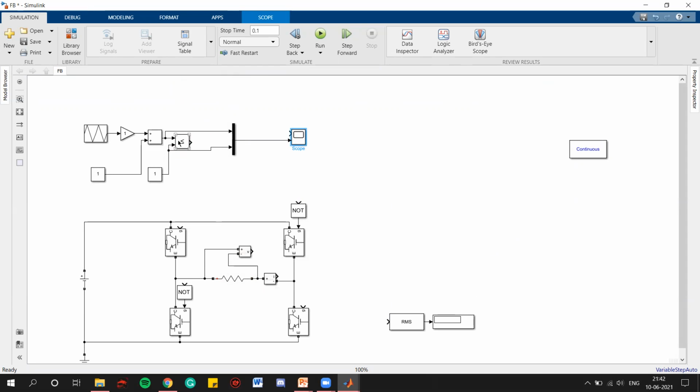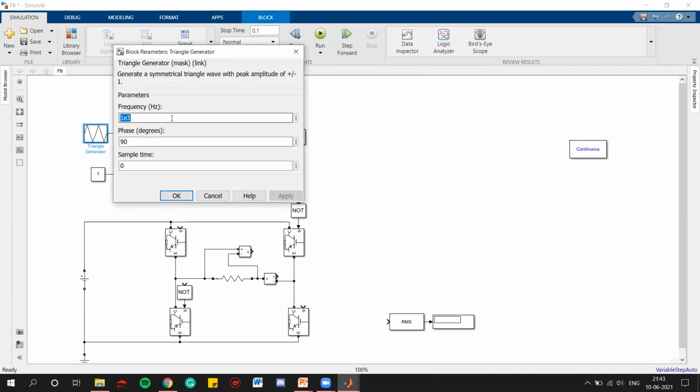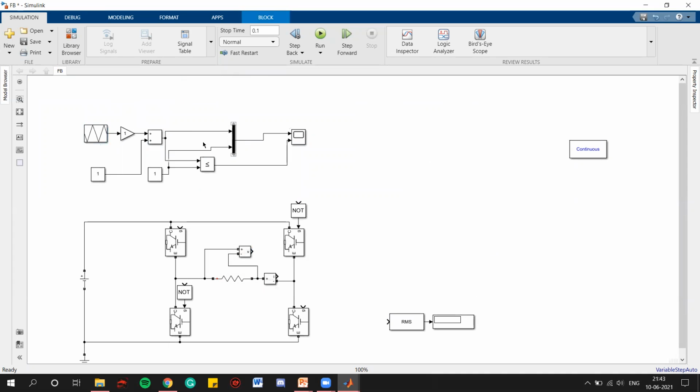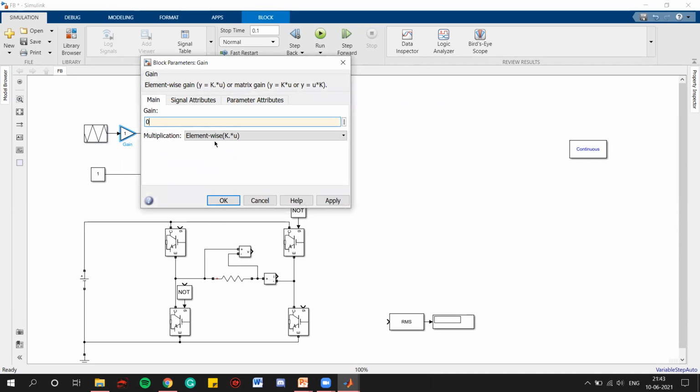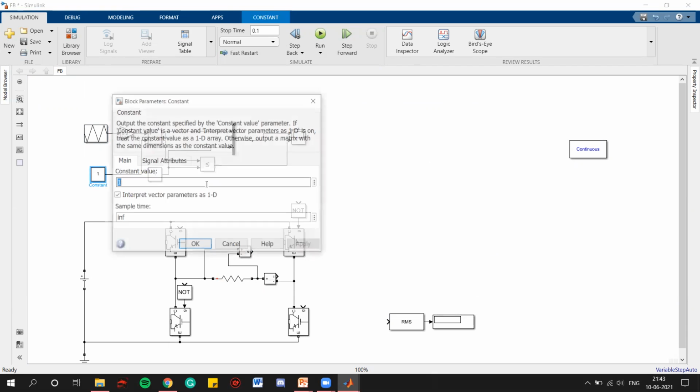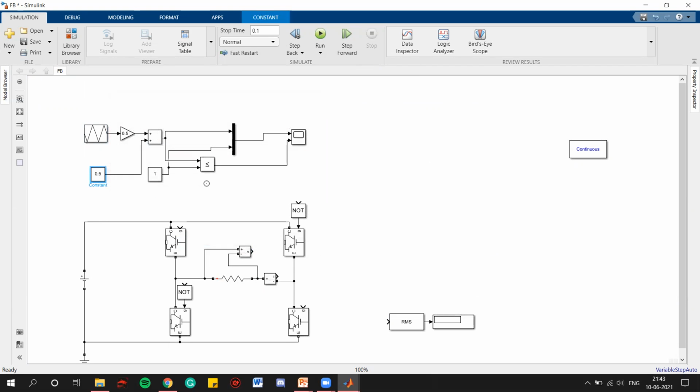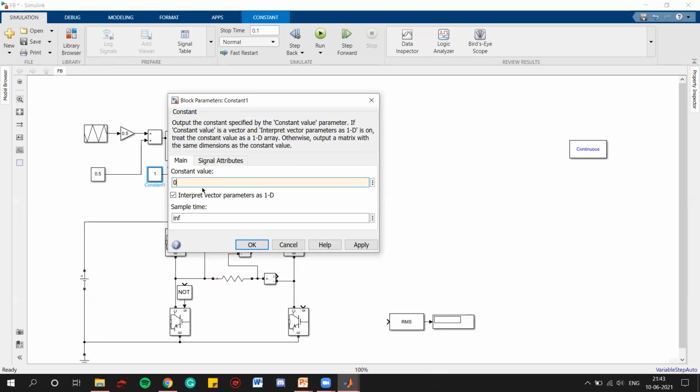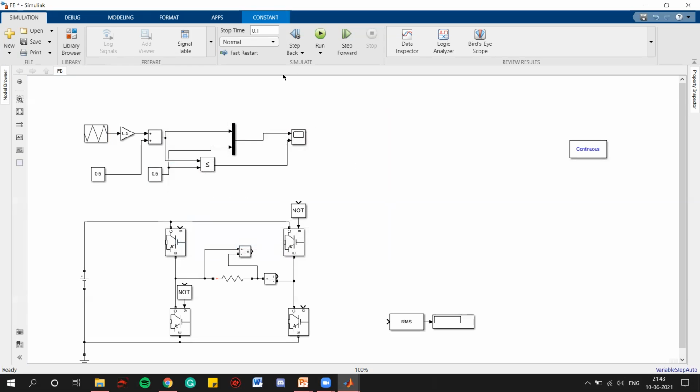One will be the comparison value of these two, and the second one would be the gate pulses, right? Let's change this frequency to 50 hertz and right here minus 90 degree, because I'll explain to you later why minus 90 degree. Multiply with 0.5, add 0.5, compare with 0.5. So let's see what output we are getting.